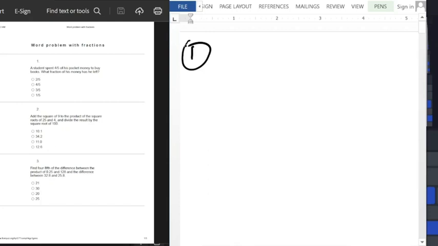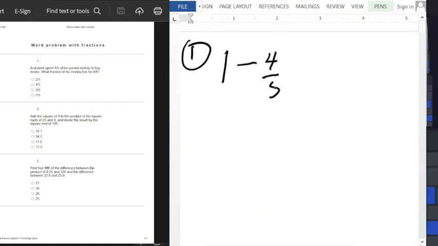A student spent 4/5 of his pocket money to buy books. What fraction of his money has he left? So what we're going to do here is we assume that he has a whole which is 1, then he spent 4/5, that is minus 4/5.